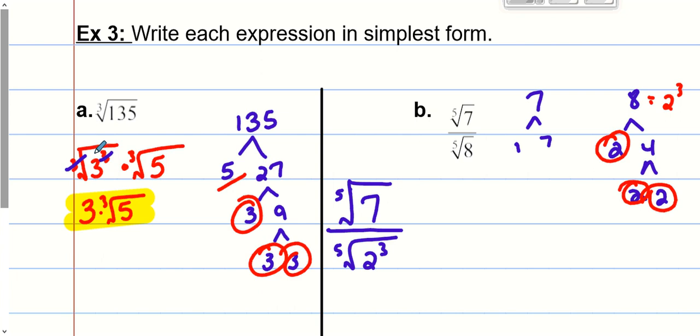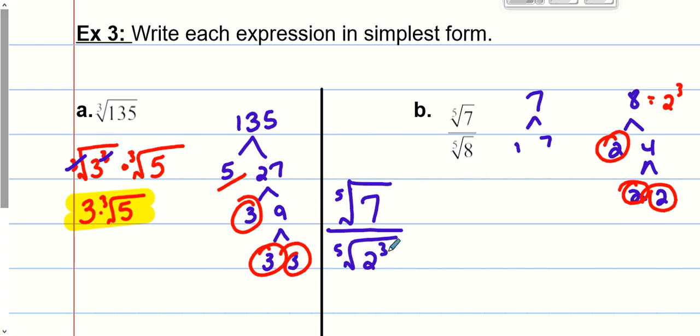Now I want you to look back over here at A. When I had the cube root of 3 cubed, the cube root and the cube were able to cancel because they were the same number. But over here, I have the 5th root of 2 cubed. Well, for that to be able to cancel, I would need the 5th root of 2 to the 5th. We cannot have any radicals or square roots or 5th roots in the bottom of a fraction.